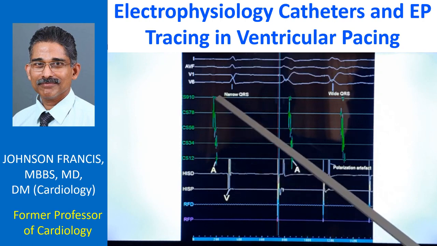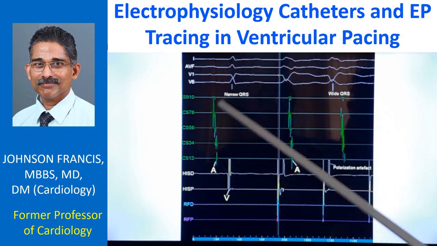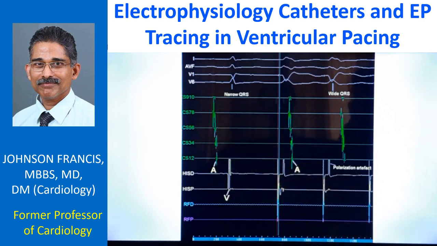This is almost the central portion. So atrial activation from right atrium to left atrium is in this direction. That is known as the A waves. And these are the V waves in the His intracardiac electrogram representing the ventricular tracing. This is a normal, narrow QRS.